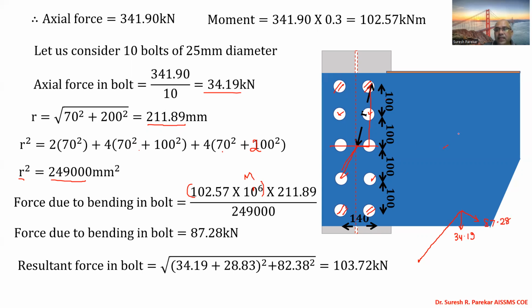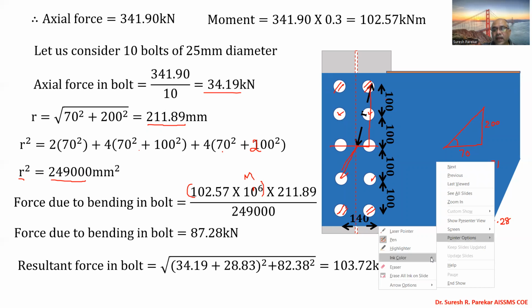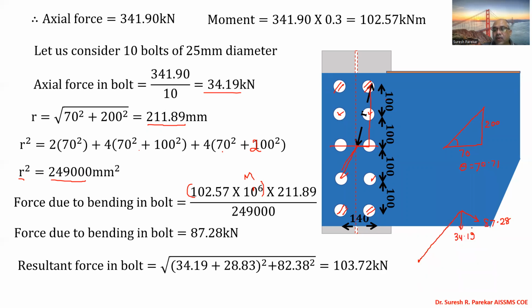Now, theta in this case. I have this distance as 70 and this distance as 200, and theta I get as shift tan inverse 200 divided by 70, which comes to 70.71. Now I get 2 components of this. One component is vertically downward, and this is 87.28 into cos of 70.71, which is 28.83.